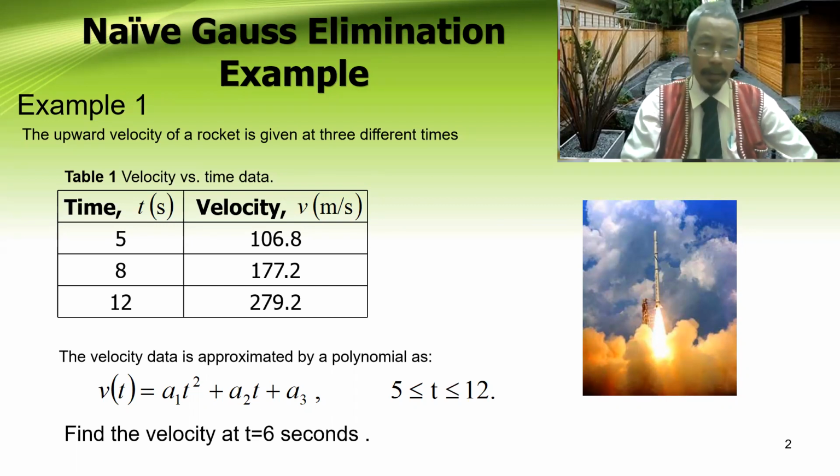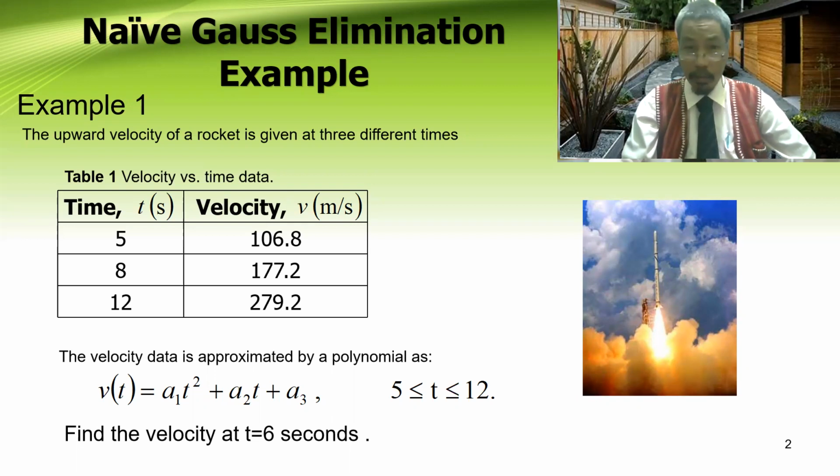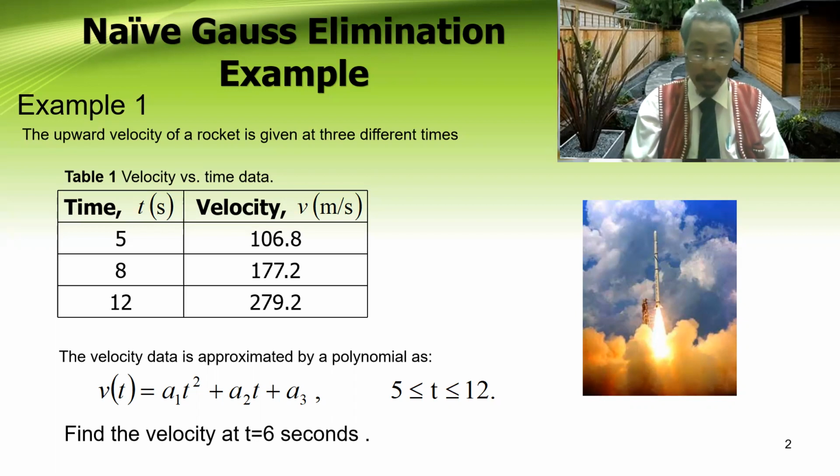Example 1. Given the upward velocity of a rocket at 3 different times, we have tabulated time versus velocity. So there are two variables, t and v. Therefore, we have here the velocity at times 5 seconds, 8 seconds, and 12 seconds, respectively.